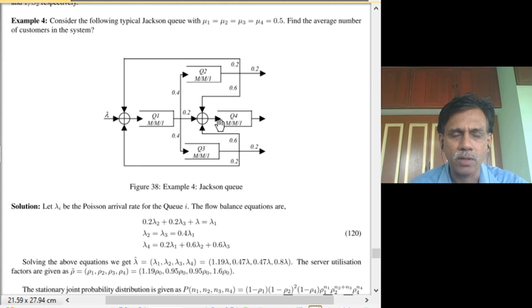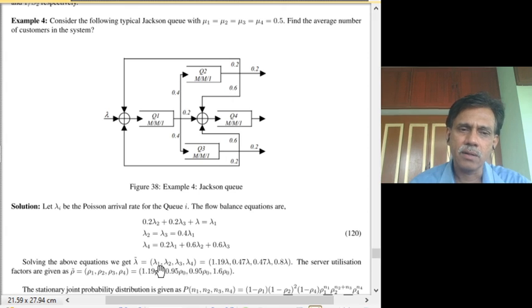Coming to lambda 4, the arrival rate to Q4, it is nothing but 0.2 lambda 1 plus 0.6 lambda 2 plus 0.6 lambda 3. Once we have this, we will be able to solve these equations, and you can get the arrival rates to each of the queues in terms of the external arrival rate lambda.